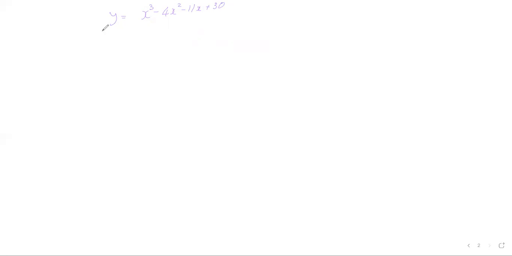So f of 1 will be 1 cubed is 1, minus 4 times 1 squared is 4, minus 11 times 1 is negative 11, plus 30. These two give you 15, and these ones give you 31.